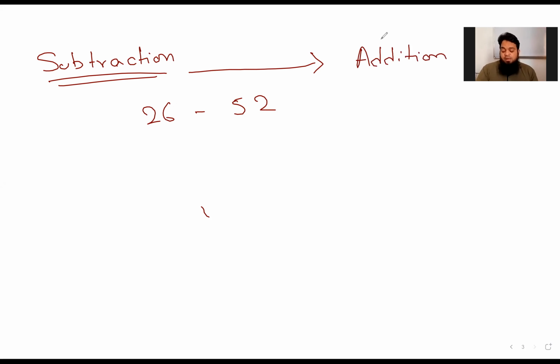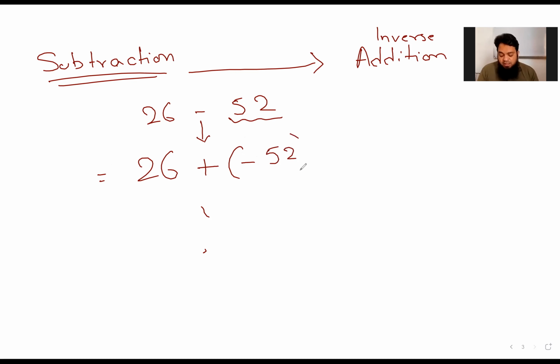So whenever you see a subtraction sign, you can change it to positive and the next number will become the inverse of this. Here you had 52. Now you have to make it as -52.